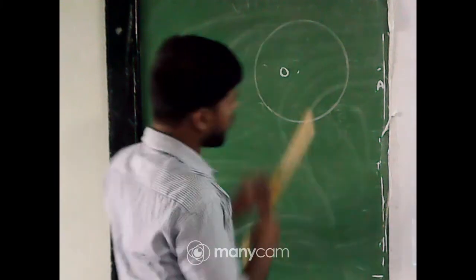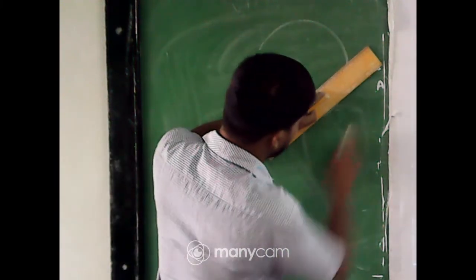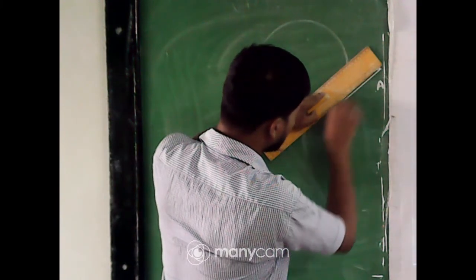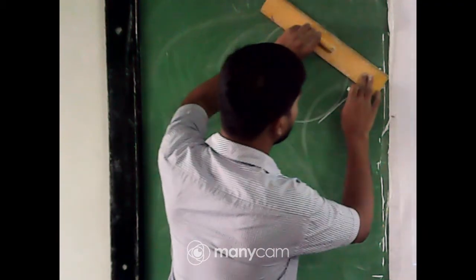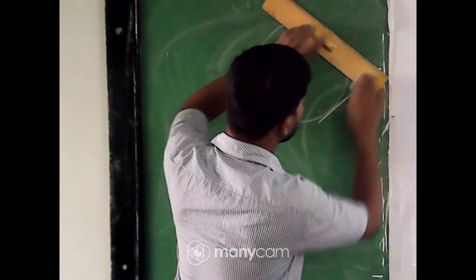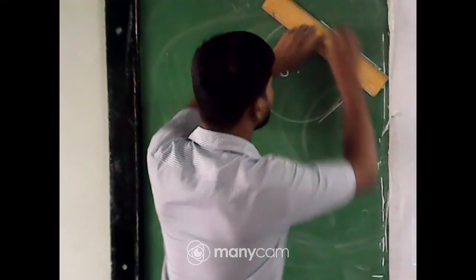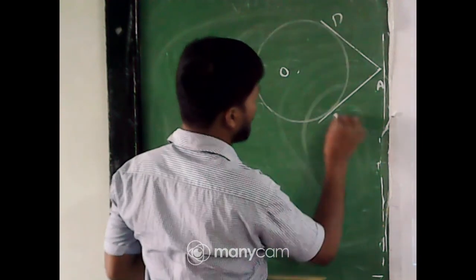Now from the point A, draw 2 tangents. One is AP and one is AQ. This is point P and this is point Q.